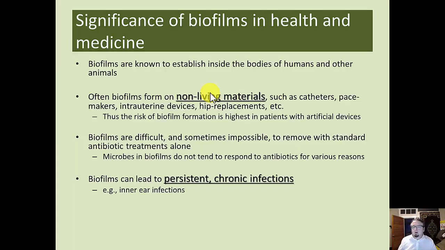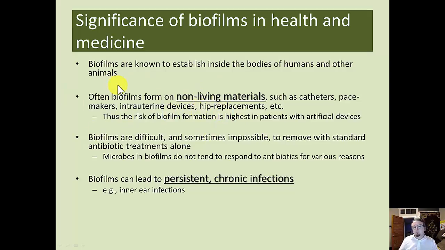Where they do a better job is on non-living material, things like catheters, pacemakers, intrauterine devices, hip replacements. They provide a non-biological metal or plastic surface, and these tend to be where the biofilms will form.